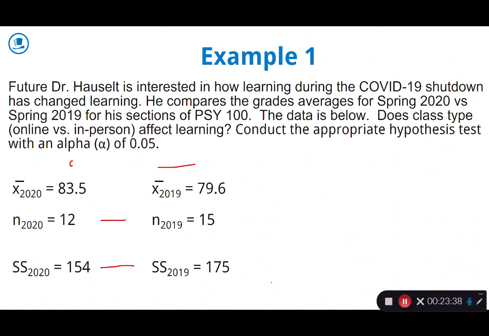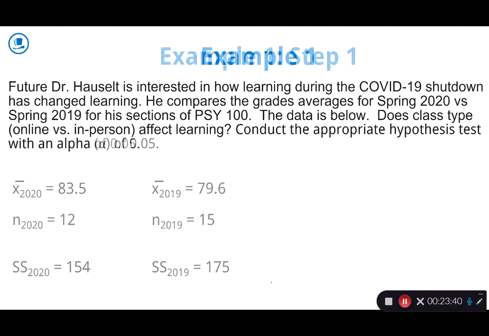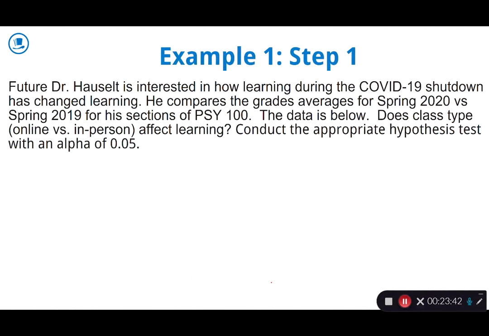So that word effect, you see the word effect there, that tells me that this is going to be a two sample test. So according to the null hypothesis, the population mean for 2020 should be not different from the population mean for 2019, right? This is class style doesn't affect learning.